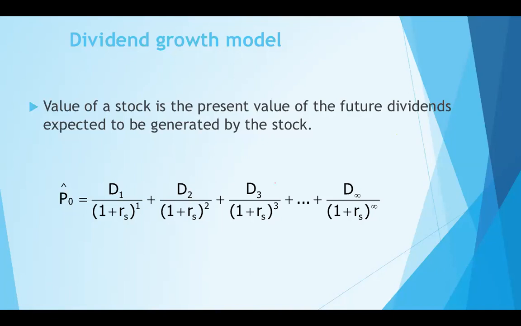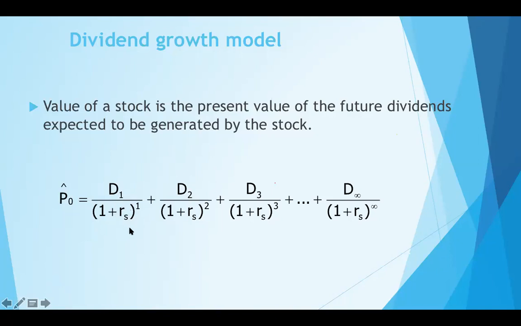What's Rs? Rs is the required or the minimum acceptable rate of return on the stock. If you think that this stock is very risky, then of course this R should be high. If you think that it's a safe company, then this R should be low, right?